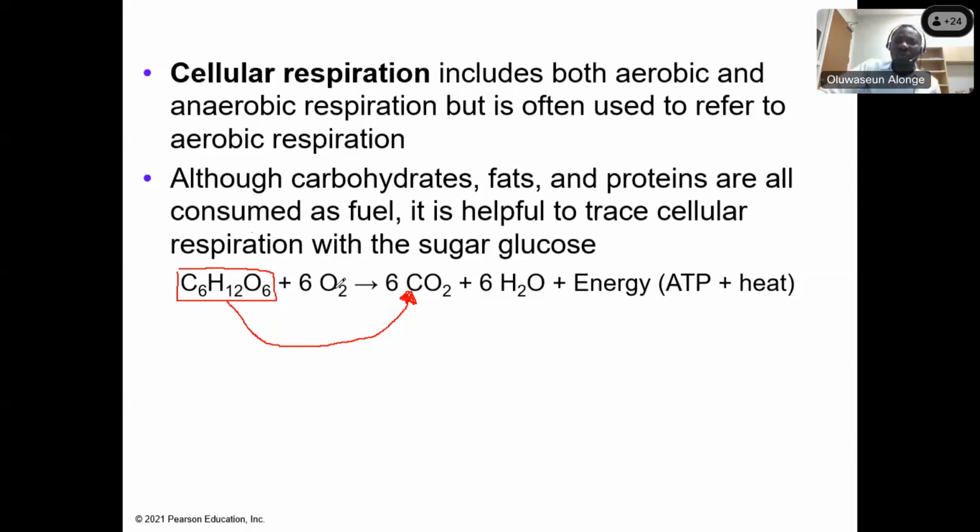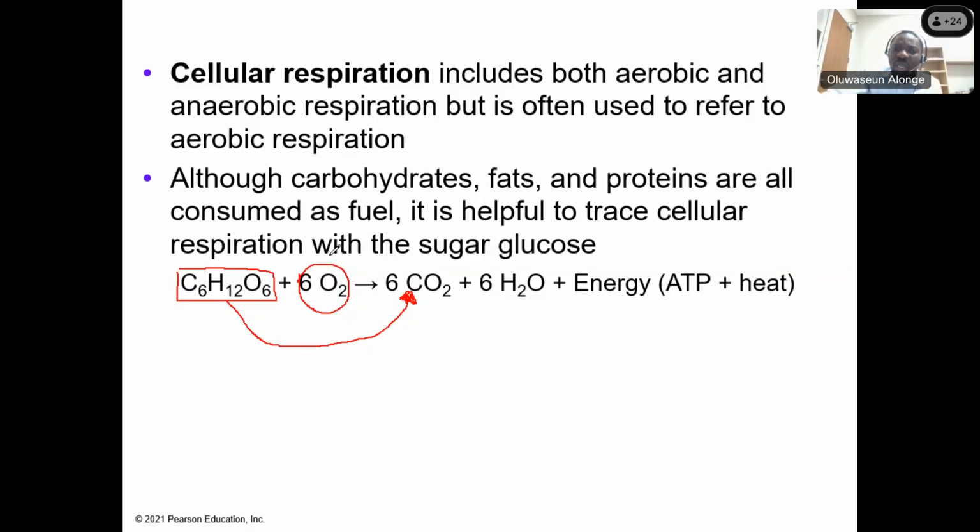Now, what oxidized it is what we call the oxidizing agent. So this right here will be the oxidizing agent. Because if glucose is oxidized to this, that means something oxidized it. So that is called the oxidizing agent.